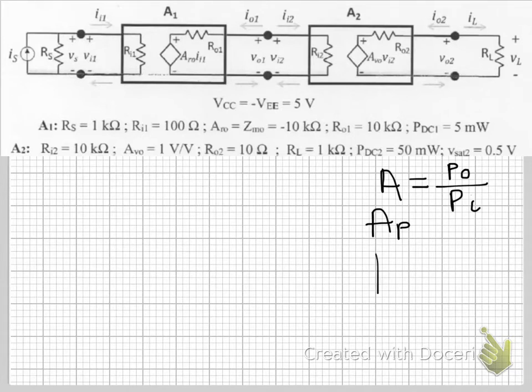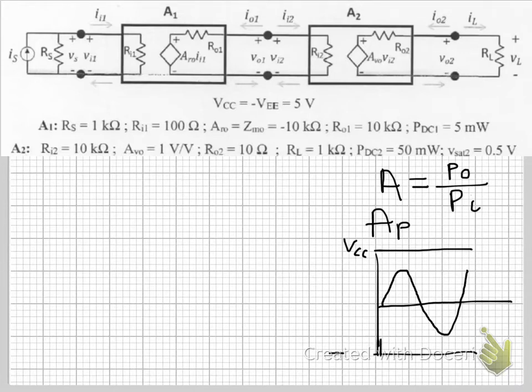If you remember how saturation affects your output, if that's your supply, VCC, your saturation voltage is here, V sat. So this means that the peak voltage at the load is equal to 4.5 volts.